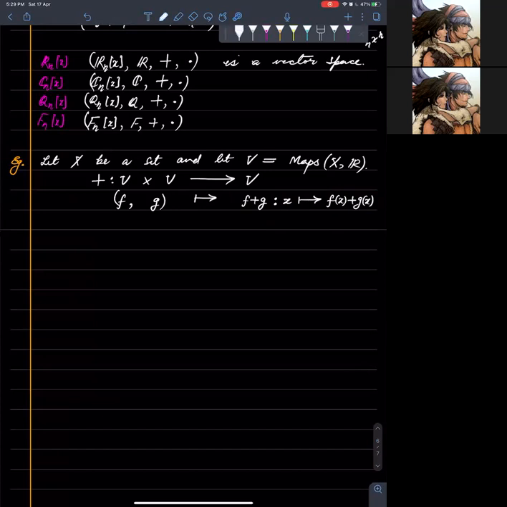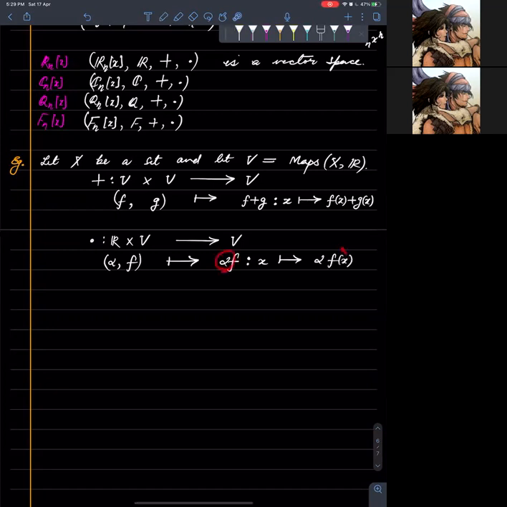This is point-wise addition of functions, and scaling. We scale again in a very natural way. It produces a function which we write as alpha f, and what does it do? It consumes little x and produces alpha f(x).